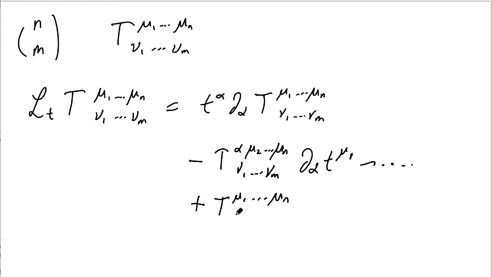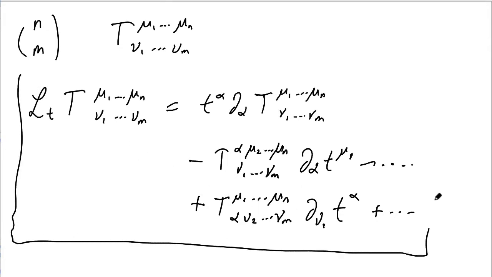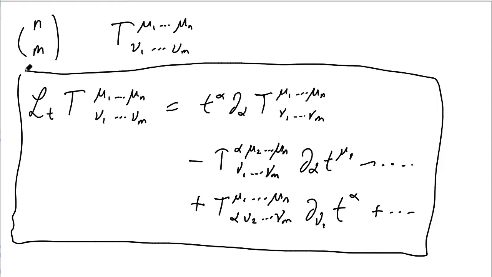And then for the first lower index, let's call it alpha, then we continue with the other indices, leaving them alone. And we have partial, replace the index that we replaced here goes here, then t alpha. And we have similar terms for each of the lower indices. So this is the pattern for the Lie derivative of a type NM tensor.